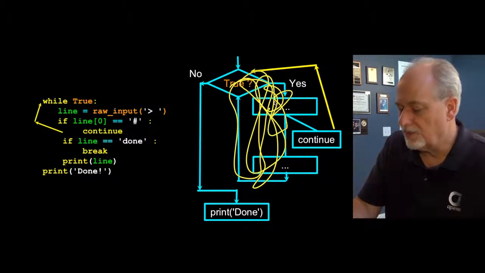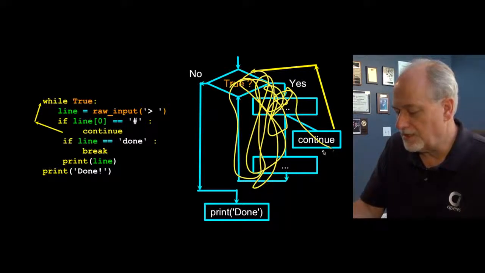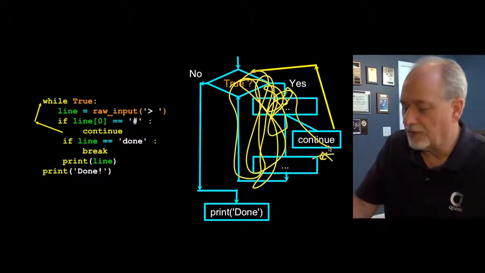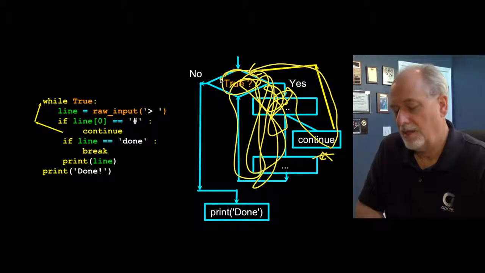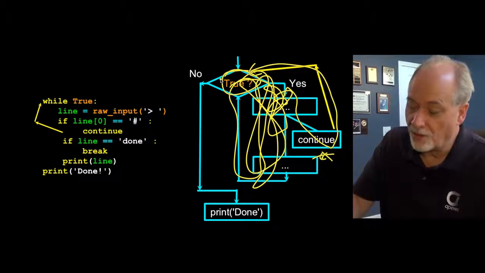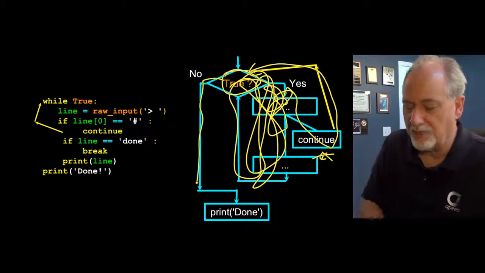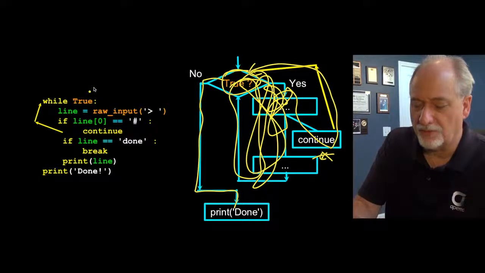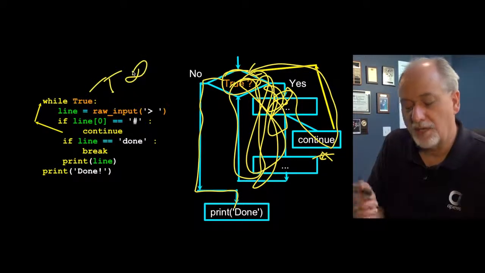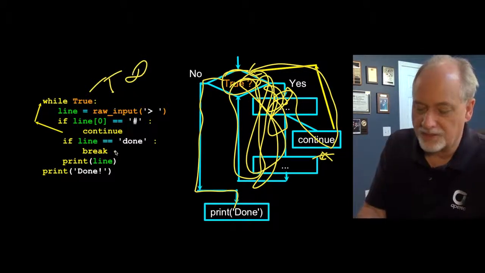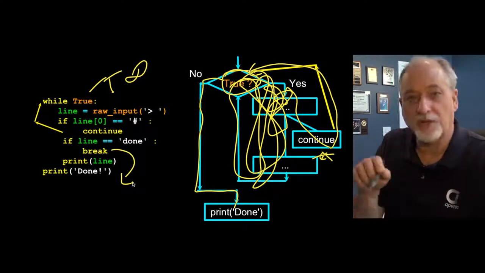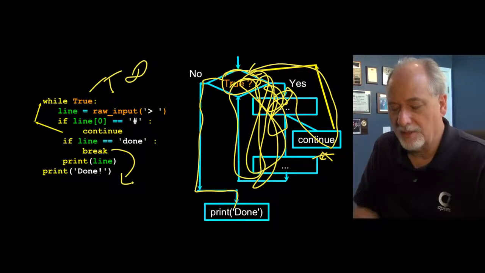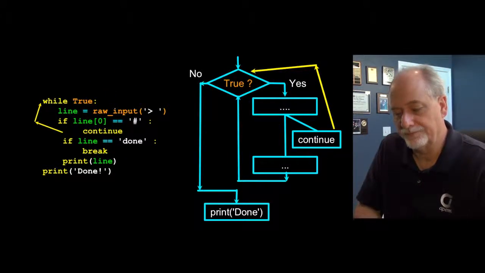Wherever you're at in this loop, you hit continue, and it doesn't go any further. It goes back up and asks the question, and it might exit the loop in that particular case. This one is an infinite loop that I've constructed. It is not truly infinite because at some point the break gets us out of the loop. So it's an infinite loop with a break to escape it, and that's another common way to construct a loop.